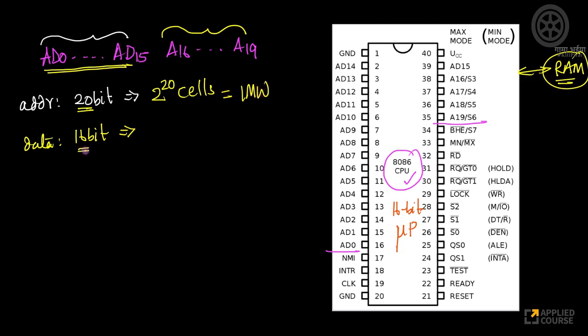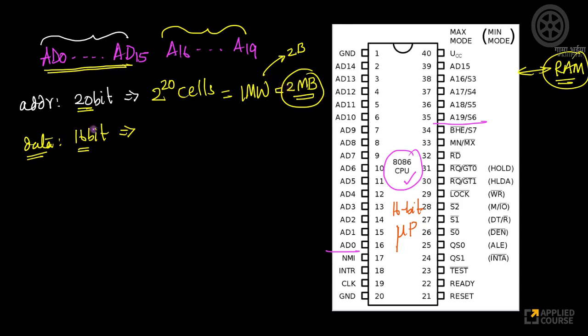Each word can be 16-bit because my 8086 is a 16-bit microprocessor. So one word is 2 bytes, which means I could have 2 megabytes of total addressable memory using an 8086 microprocessor.